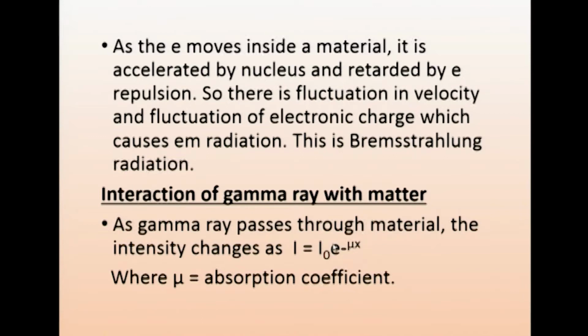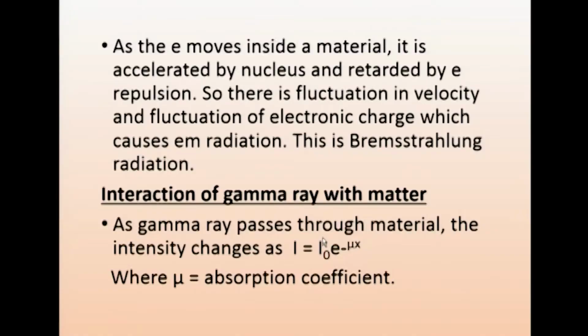The capacitance also charges up exponentially and then discharges exponentially. Similarly, nuclear decay is exponential. Similarly, here also when it is passing through a material, the intensity reduces exponentially, and this mu is called the absorption coefficient.